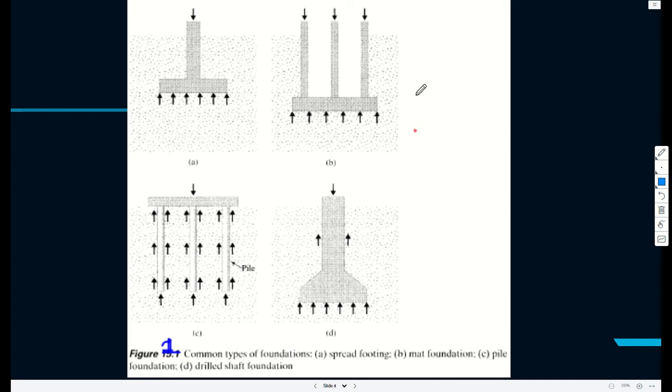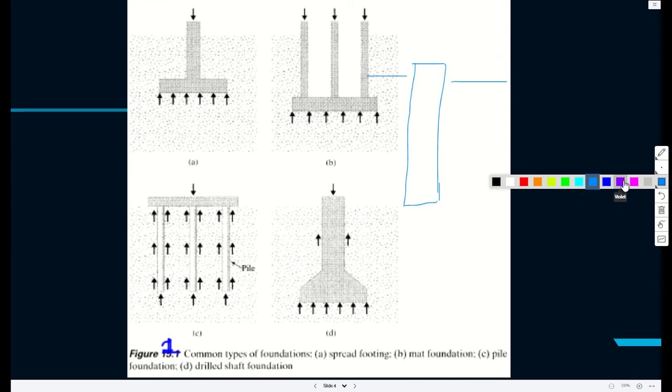Okay. So friction pile means that, because this is the soil, the main load carrying mechanism is through the friction on the side.